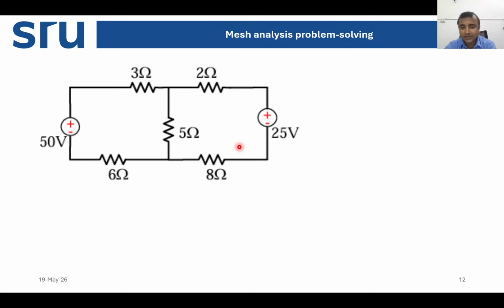Maybe later on we can take up those problems, and the same problem can be solved by Thevenin's theorem or Norton's theorem, or any other problem can be solved in different ways by using those techniques.